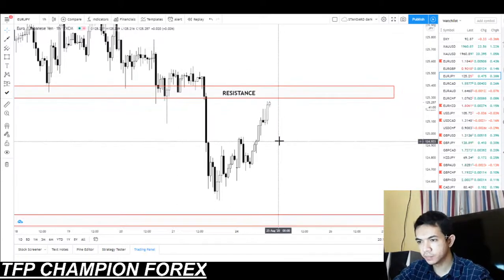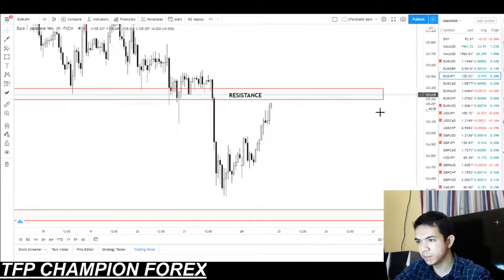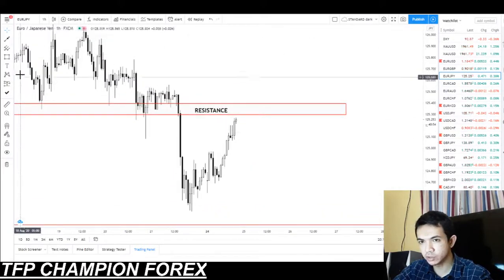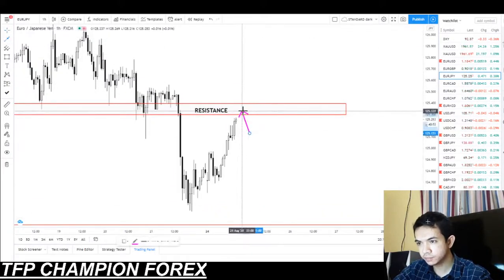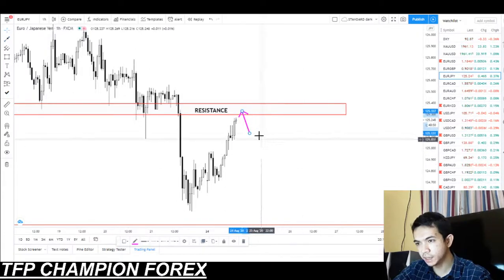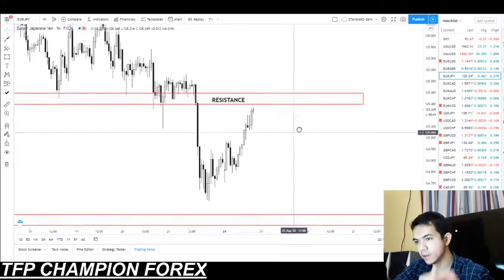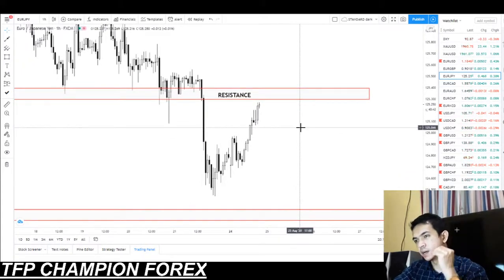If I make a trade here, I would wait for a candlestick formation over here before taking a trade. I will not take any trade blindly without any candlestick formation. That is one of the checklists that I'm waiting for.